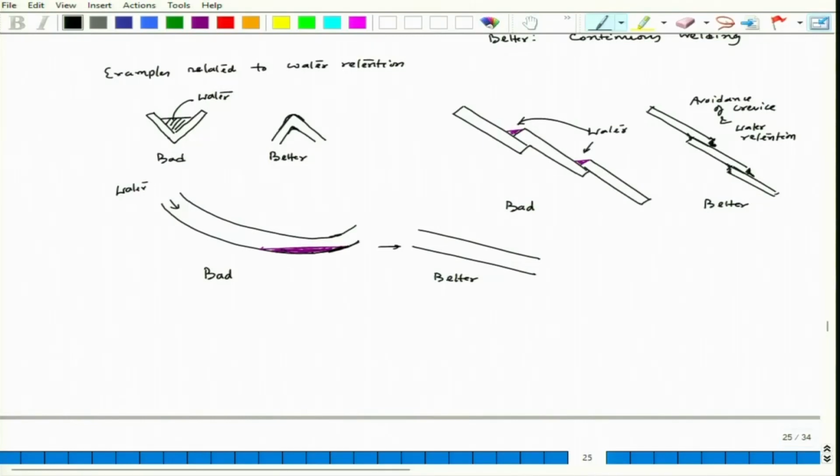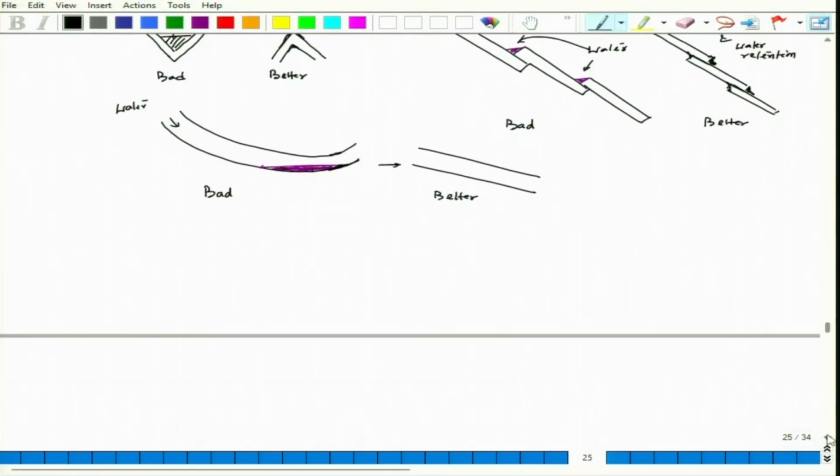And then also we talked about using a deflector or baffle plate. So let us have a few more examples related to water impingement or splash.